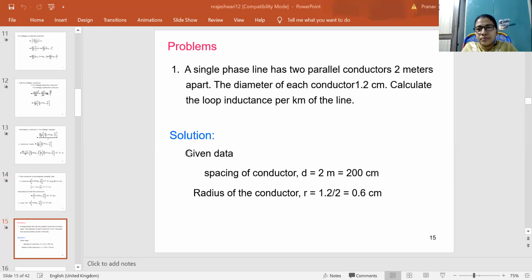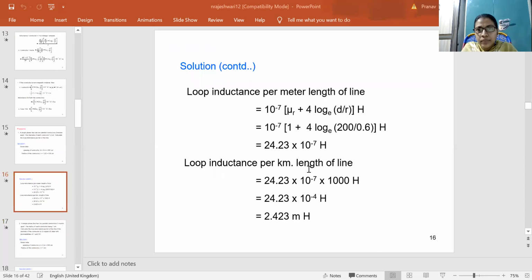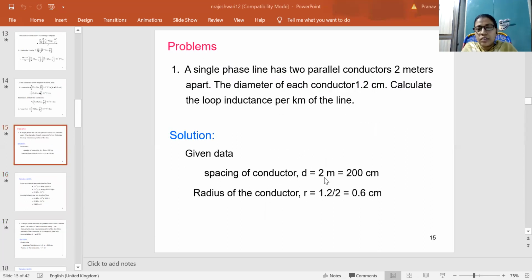So for this problem, for the solution, first we have to take the given data. Parallel conductors are 2 meters apart. The spacing between the conductors D is equal to 2 meters, which is 200 centimeters, because the diameter of each conductor will be in centimeters.